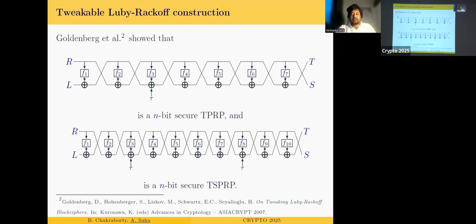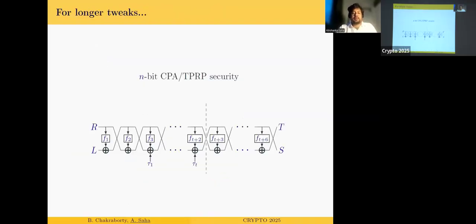And also you get an optimally secure tweakable strong pseudorandom permutation if you take 10 rounds of LR and inject the single block tweaks in the 3rd and the 8th round. Also, for general length tweaks, suppose there are T blocks of tweaks, then they showed that this construction achieves optimal CPA security. Of course, as you can see, it contains T plus 6 LR rounds.